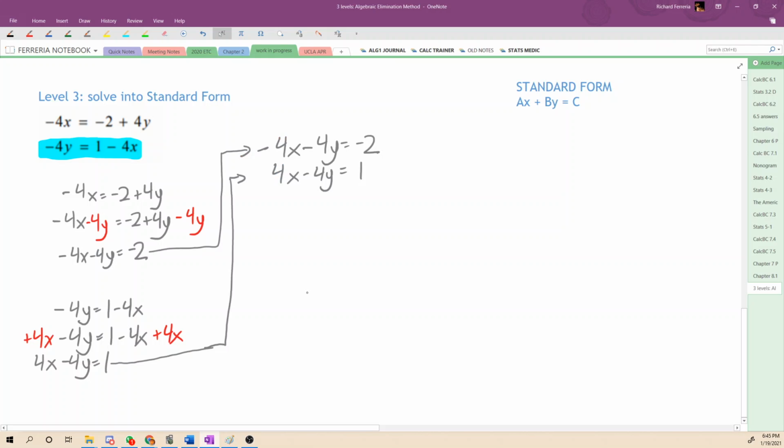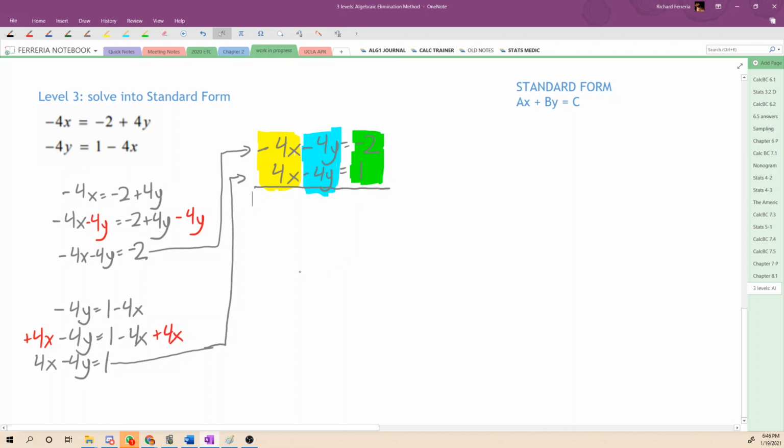Let's write those two equations next to each other, and let's see if we have a zero pair already. And it looks like the x's already form a zero pair, so I'm not going to worry about multiplying both equations like we did in the level 2 problem. I'm just going to add the two equations together.